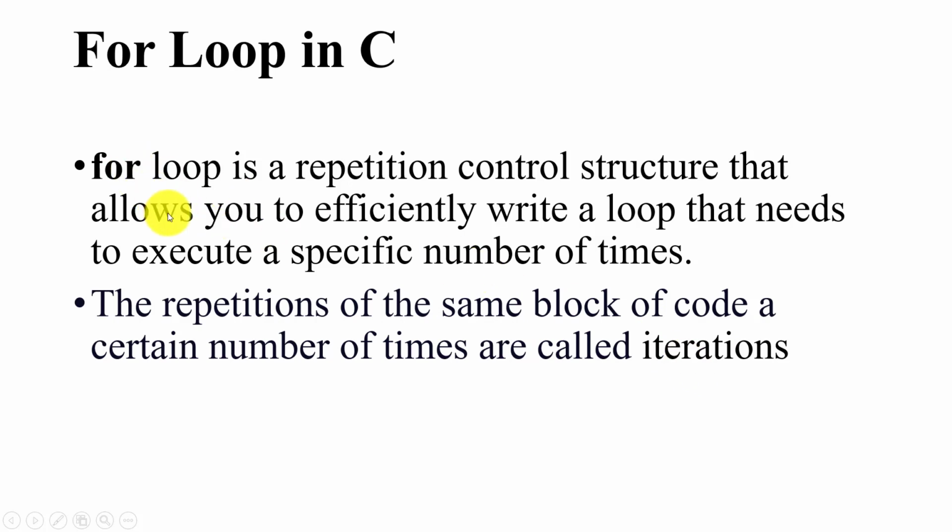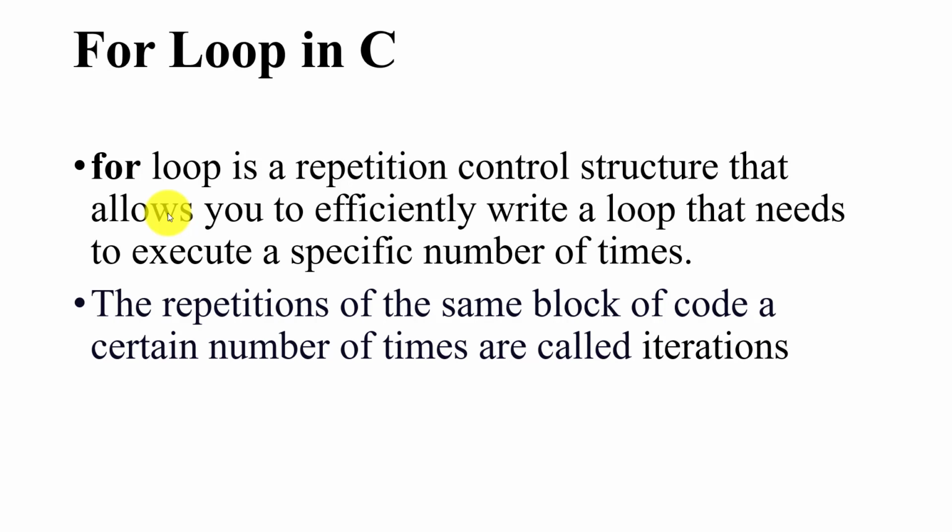So why do we use the for loop? Basically, if we have many statements or the same block of code in our program and we want to execute it in a single way, then we use a for loop. It is a very important loop in programming because it's an entry control loop.